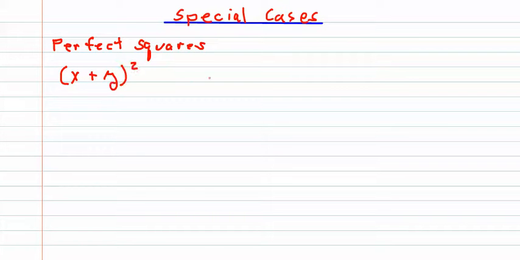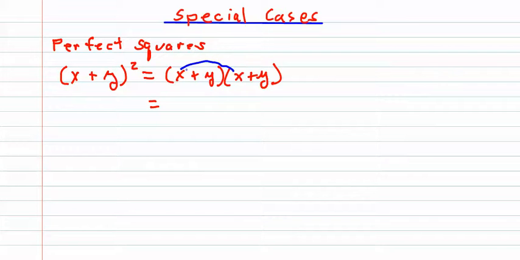This is a perfect square. I want to look at what this looks like. I'm going to write x plus y times x plus y, and I'm going to FOIL it. x times x gives me x squared, plus xy, and then y times x, or xy, plus y times y, which gives me xy plus y squared.